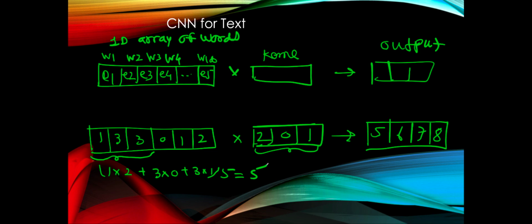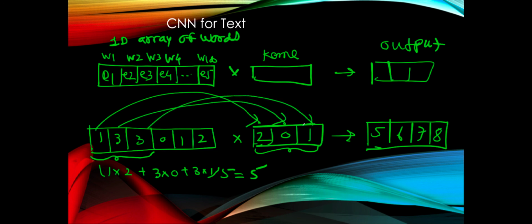Then we put it here. So what we do is we multiply this with this, this with this, and this with this, and then calculate the sum, right? Then we repeat the process. The next window is from here to here, and we again multiply this with this, and we get 6.